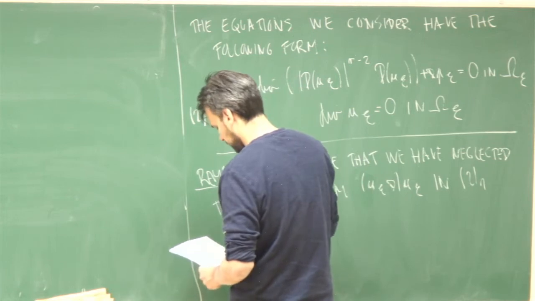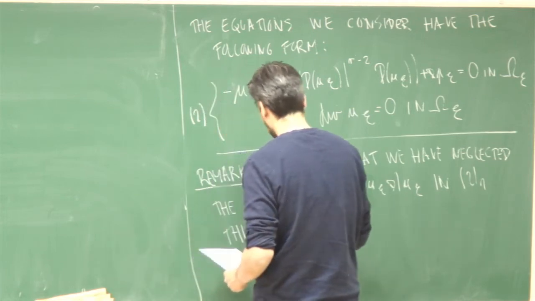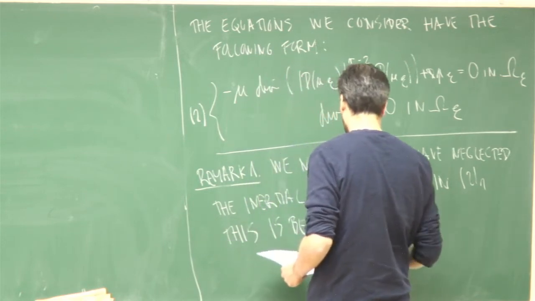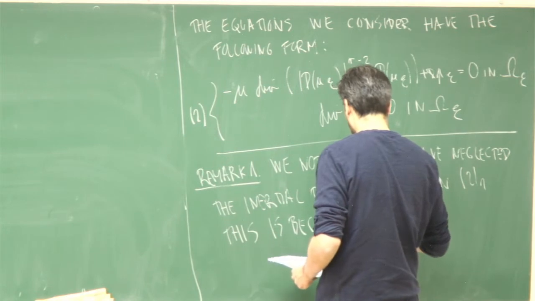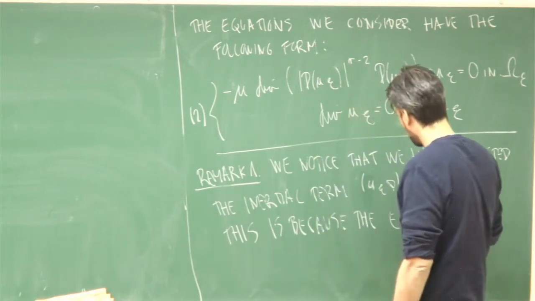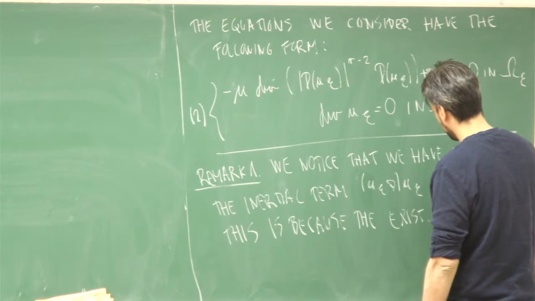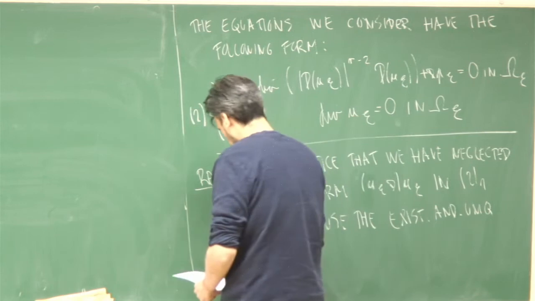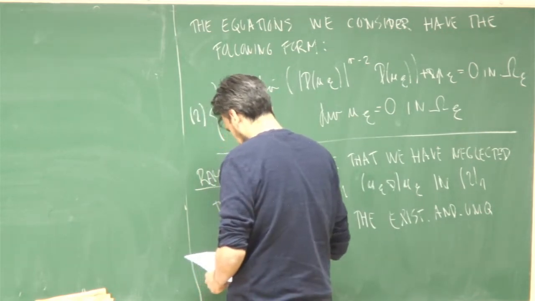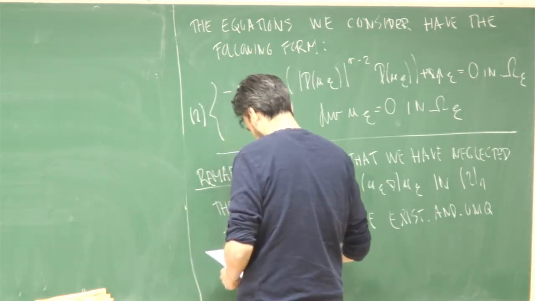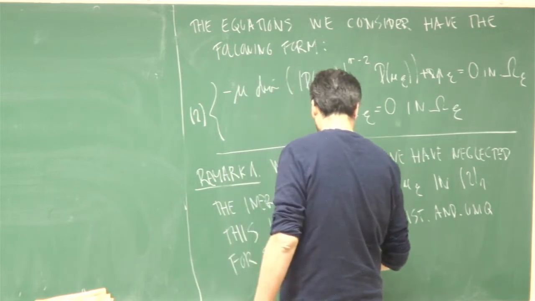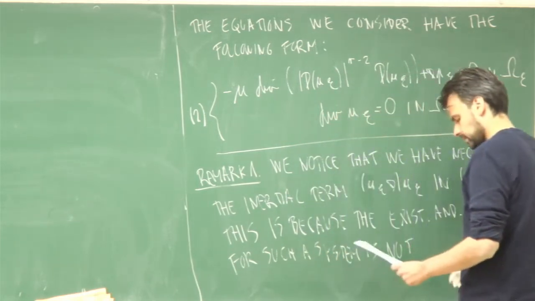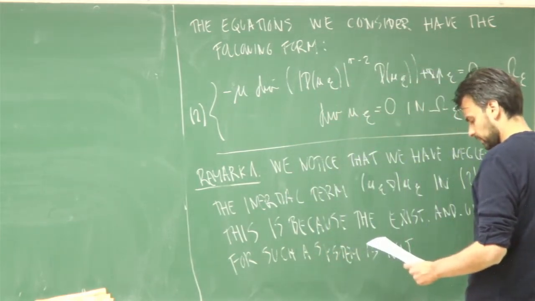So this is because the existence and uniqueness for such a system is not completed. So the problem arises when r is close to 1.